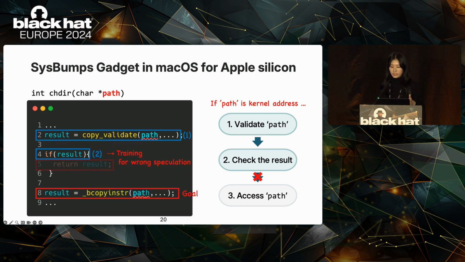So first, we train the conditional branch by calling the system call a few times with a valid user address. Then, when we provide the kernel address as an input, the branch still predicts the same way, and the bcopy instr function is transiently executed. As a result, the kernel address is accessed within speculative execution, leaving traces in microarchitectural state, particularly in the TLB.